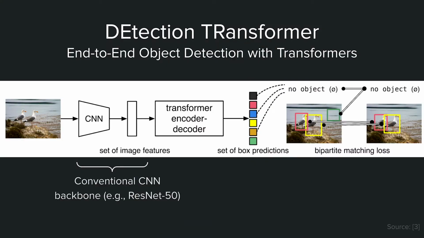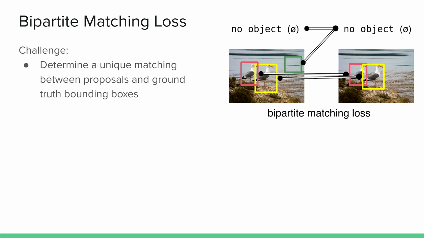Let's go through this model from the back, from the end to the beginning. We start off with the bipartite matching loss. So the challenge is, when we formulate object detection as a direct set prediction problem, how do we determine a unique matching between the proposals that the network generates and our ground truth set of bounding boxes?